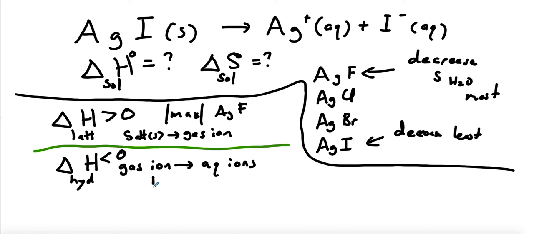Now we have to be careful when we're talking about which one's bigger. We're talking about absolute value here, since we're talking about the size of a negative number when it comes to hydration enthalpy. So the bigger negative number, the bigger magnitude, would be the hydration enthalpy for silver fluoride because it has the biggest charge density.